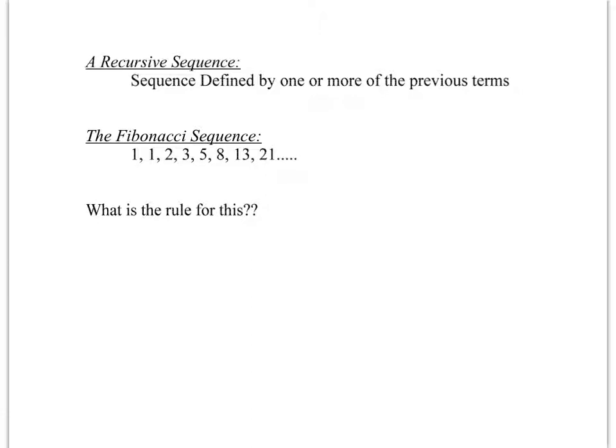The rule for this can be written when we define a recursive sequence. But first of all, we always need to start with the first term. So a sub 1 is equal to 1. In this case, I'm also going to write a sub 2. A sub 2 is 1 as well. And now we're going to write the rule. So a sub k is equal to the two previous terms added up.